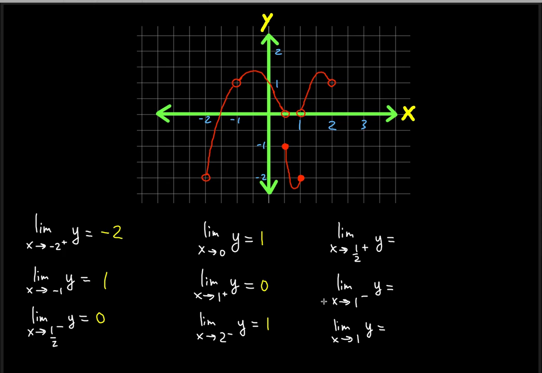But here we're approaching 1/2 from the right, so we're using this part now. Not this part, but this part, because we're approaching 1/2 from the right side, from the greater values of x. So we start here and we stop there. And notice the limit as x approaches 1/2 from the right will be -1, because that's the y value for that point.